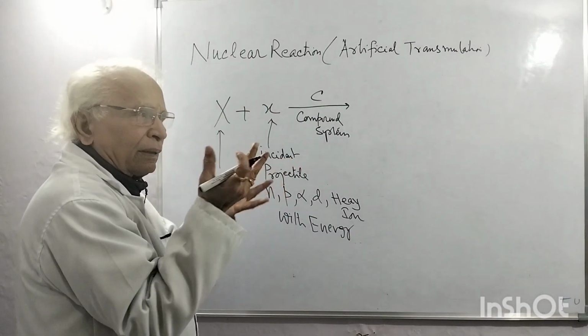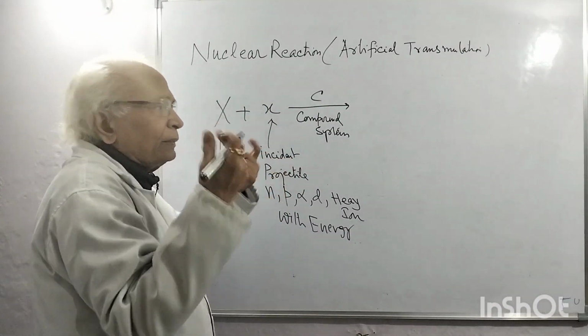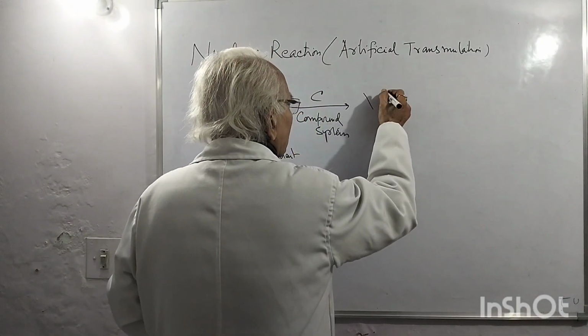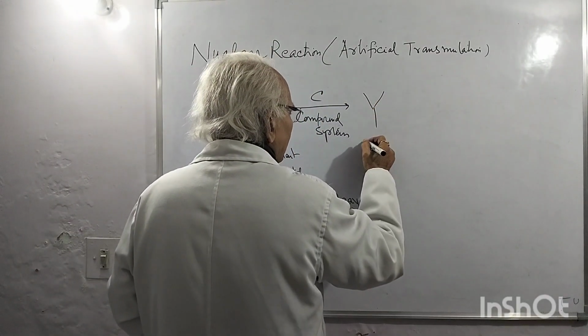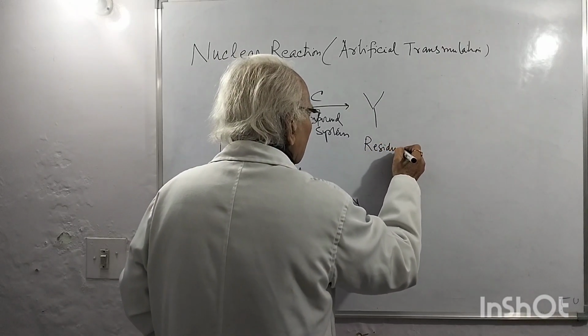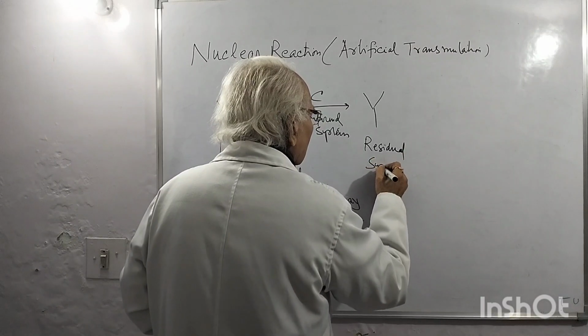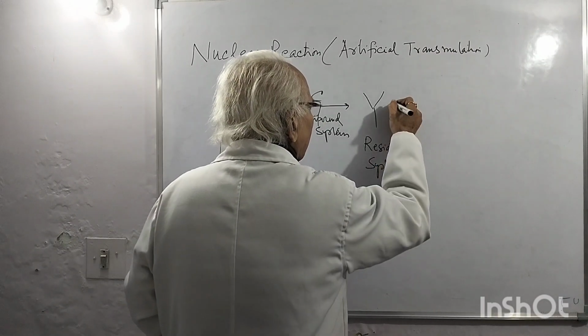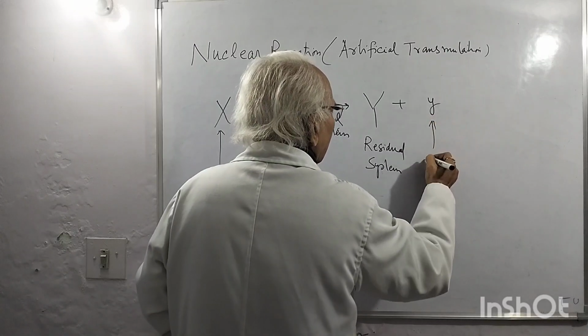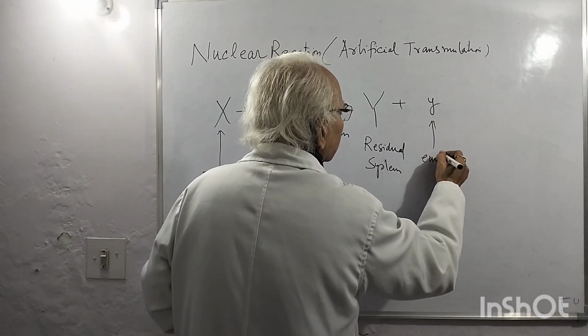This is not stable, this is excited. So this comes out to a new system, Y. That's the residual. And then there is the emitted particle.